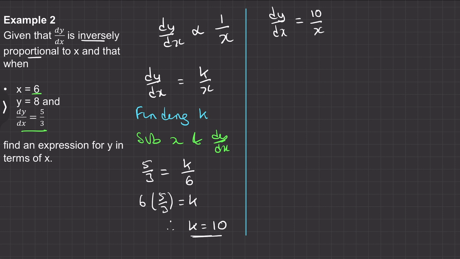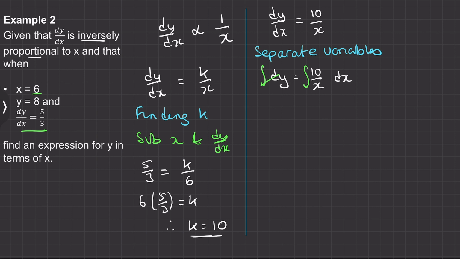over x. And now we're going to separate our variables again. So we can move this dx to the right side using a multiply. So we'll have dy will equal 10 over x dx. And now to work out y, we need to integrate both sides. So these will cancel.